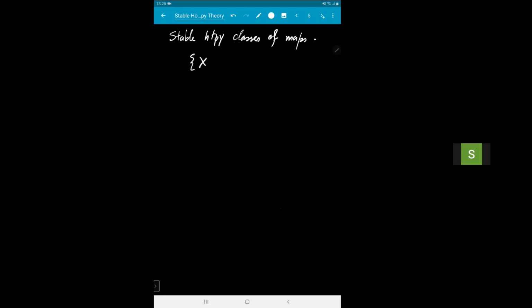We use these curly brackets to denote the stable homotopy classes, and this is the direct limit over n of homotopy classes of maps from sigma n x to sigma n y, and all are pointed, so I should put a star there. So those are the stable homotopy classes, and if I put sk instead of x there, I get the kth stable homotopy group.